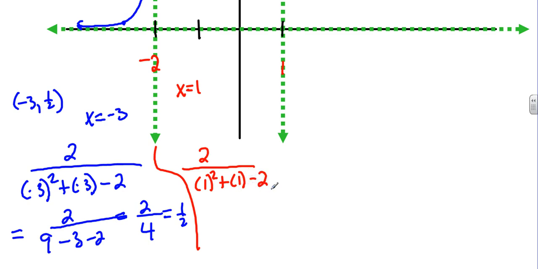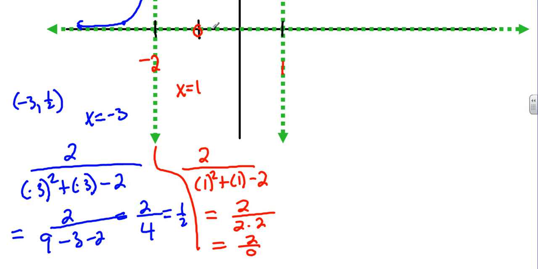Yeah, that's right. So that's 2 over 2 minus 2, so that's going to be 2 over 0. That's undefined, right? Okay, so here's that part where we get a problem. If we put this point in right here, we got a little bit of an issue. So that would be a gap that we got here.